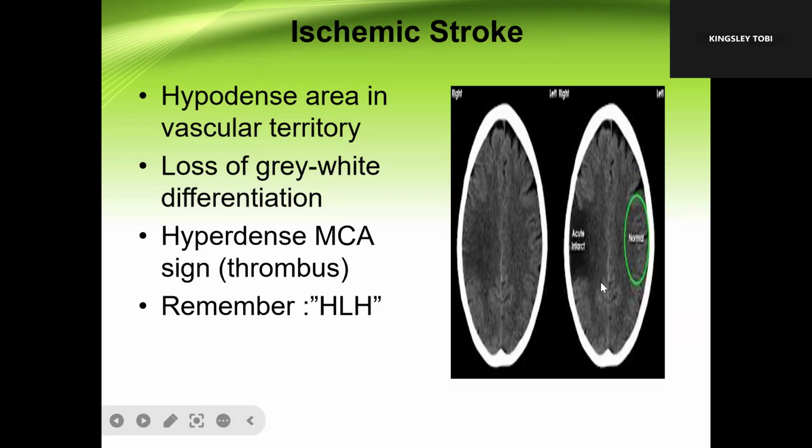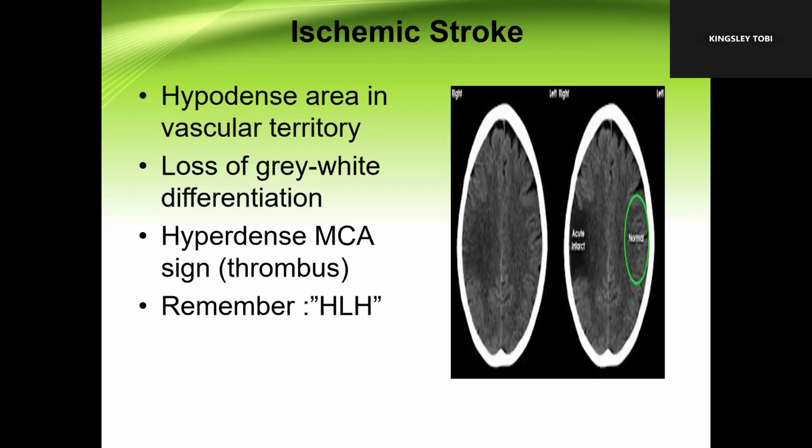And sometimes you may be able to see a hyperdense lesion in the middle cerebral artery, which shows you a thrombus. That is what leads to the infarct in the first place. So you see this, and you say, no, this patient is in acute ischemic stroke, and it's important because you need to thrombolyse this patient, and you want to rule out hemorrhagic stroke before you thrombolyse.